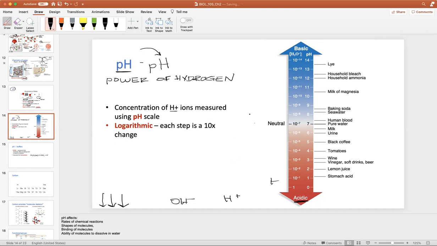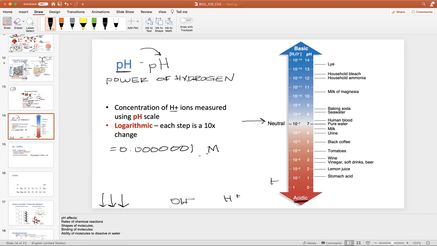If we look at where this comes from, if you were to actually look, say, at a solution of just plain pure water, which is said to be neutral, if you could actually measure the concentration of hydrogen ions in a neutral water solution, what you would find is that it was equal to 0.0000001 molar.